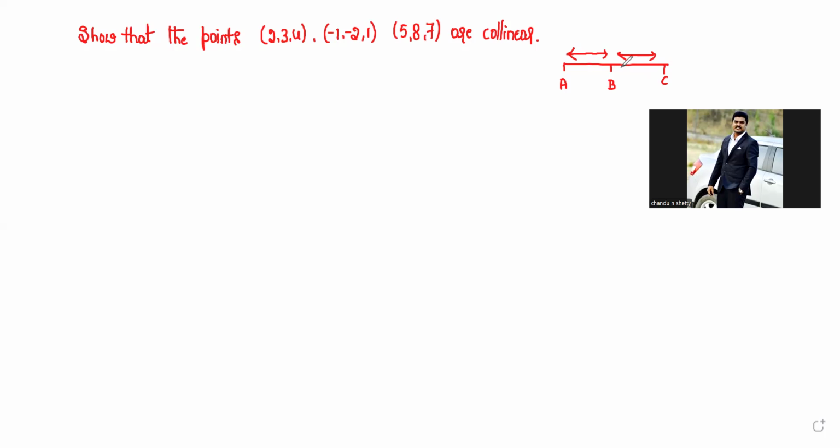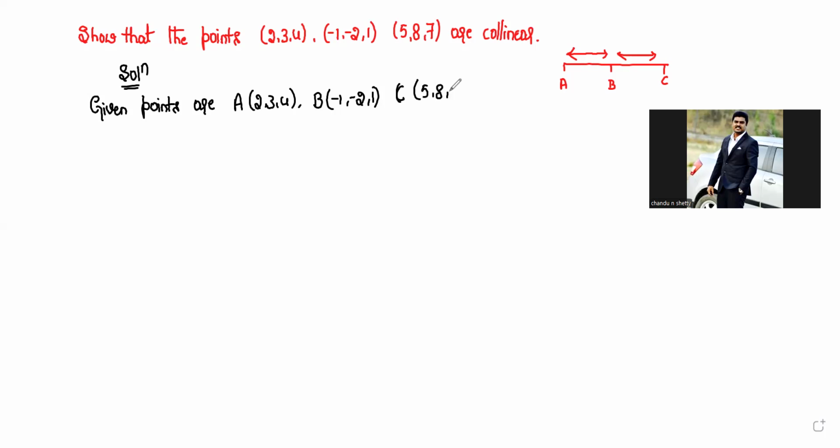So now all of you should observe, the given points are A (2, 3, 4), B (-1, -2, 1), and again C (5, 8, 7). Okay. My dear students, all of you should observe they are given the points.